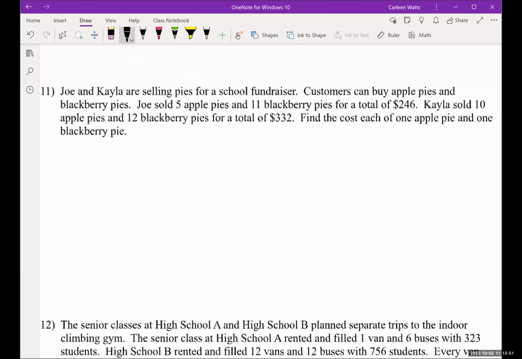So Joe and Kayla are selling pies for the school fundraiser. Customers can buy apple pies and blackberry pies. Joe sold 5 apple and 11 blackberry for a total of $246. Kayla sold 10 apple and 12 blackberry for $322.